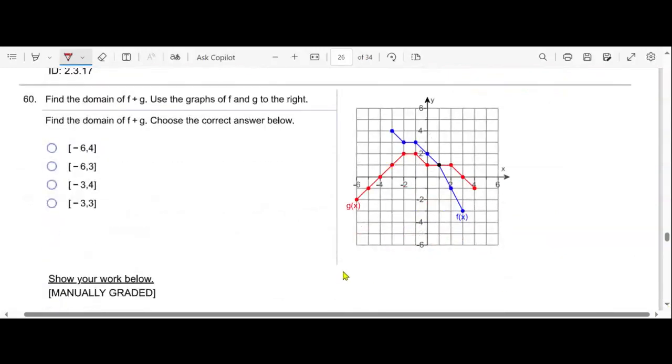Who wants to read? Me. Find the domain of F plus G. Use the graph of F and G to the right. Find the domain of F plus G. Choose the correct answer below. Okay, so which one is F? The blue one. Which one is G?